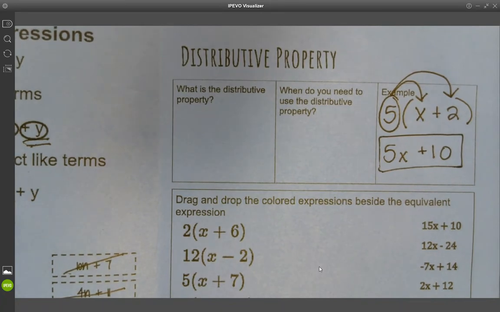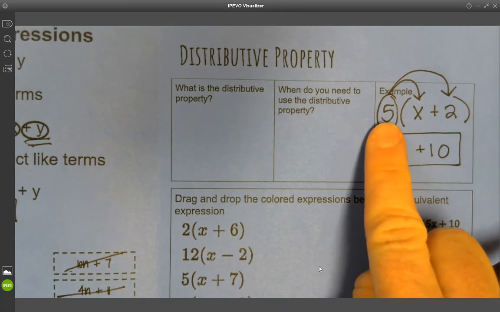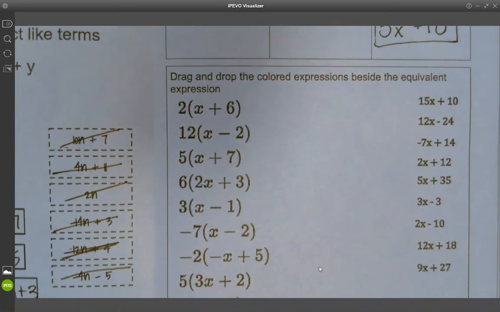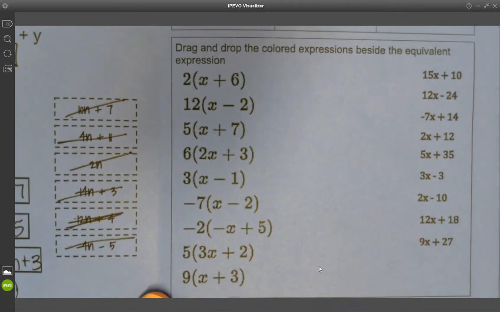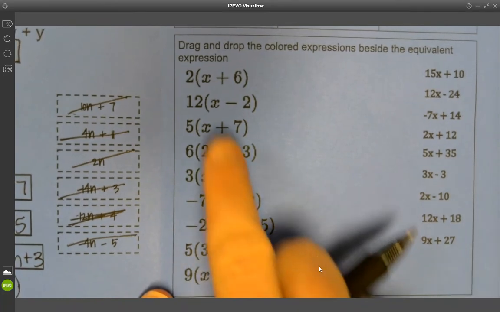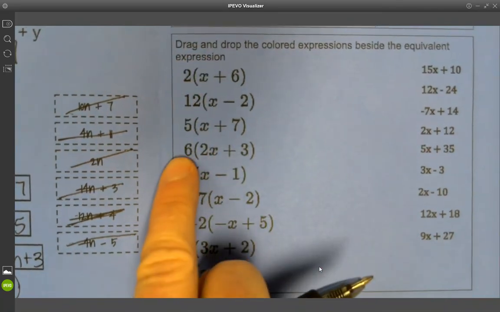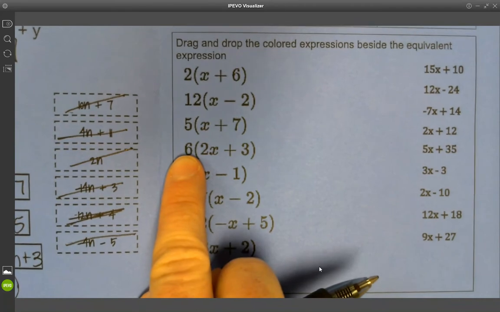If there is a negative or a minus sign in front of the 5, you have to take the whole thing. So let's look at these problems down here. And you're going to go ahead and distribute. Let's look at this. We've already done similar ones. Look at this one. 6 parentheses 2x plus 3.